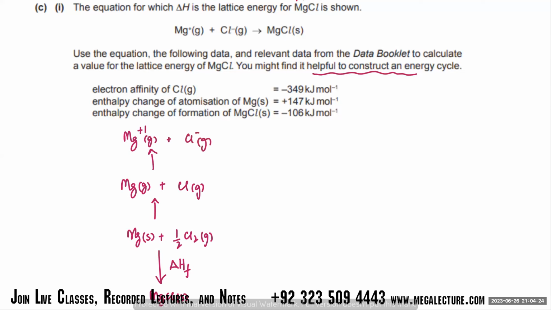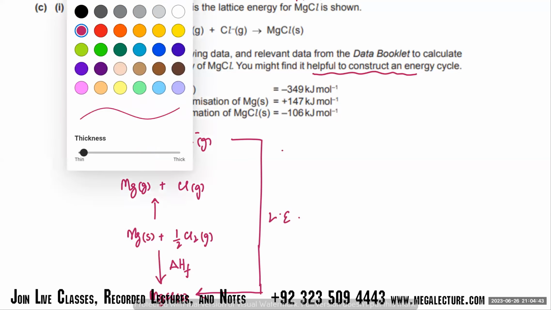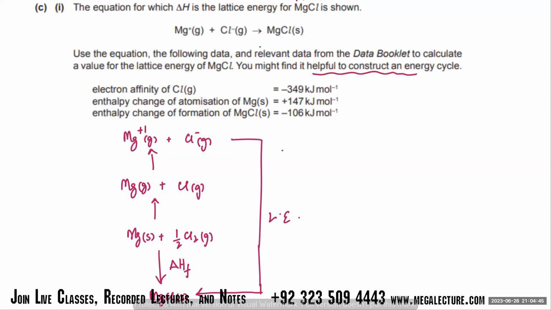And then the gaseous ions would finally form the solid, that's your lattice energy. This is the simplified version, not labeling it properly.